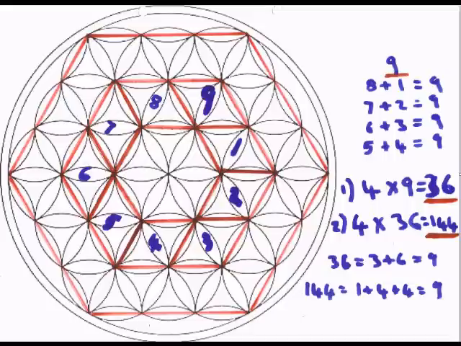So, okay, we're back to the flower of life pattern, and you notice that I've put the numbers in a specific way around that cube. Every facet on the cube has a number on it, and it goes from 1 to 9.